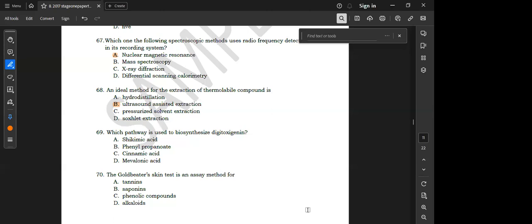We discussed the conventional, the non-conventional, and now the new automated extraction methods, like pressurized and ultrasound.